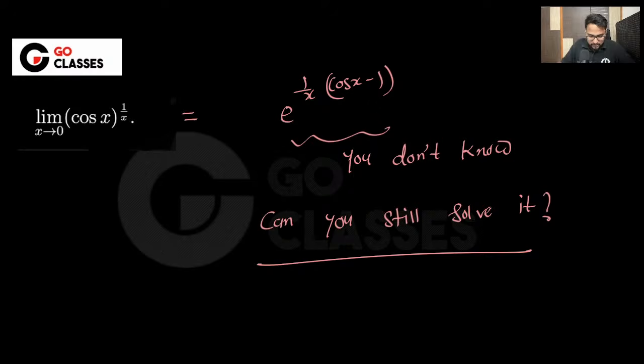Answer is yes. How? See, suppose you don't know that you can go from here to here. Then what will you do? You will basically say that, okay, let's apply the long procedure. If you don't know this, then what will you do?